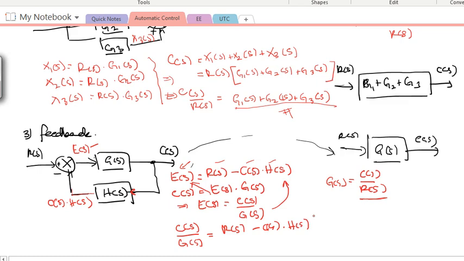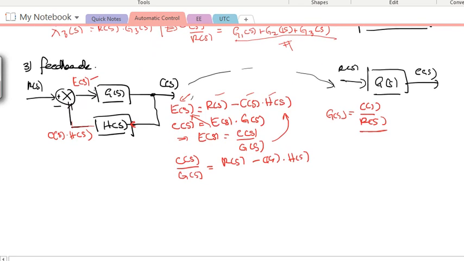So what do we do next? What we do next is to put RS on one side, the input, and to put CS on the other side, which is the output. So if we put CS on one side, we have to move it to the other side. We have CS over GS plus CS HS equals RS.